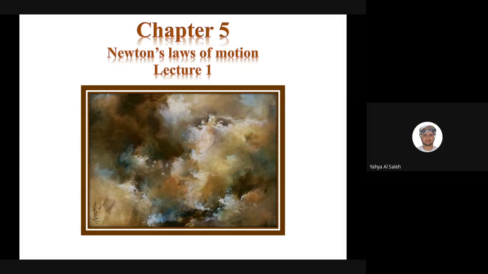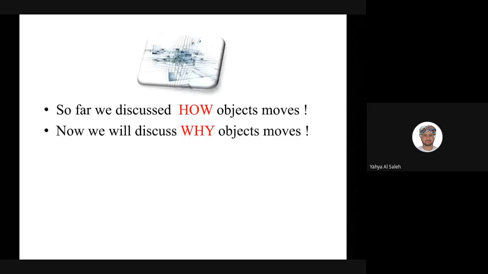Excellent. Okay, so far we have discussed how objects move. So we looked at our equations of motion: v equals u plus at, v squared equals u squared plus 2as, s equals ut plus half at squared. We look at objects going in 1 dimension, 2 dimensions, vectors, all sorts of things.